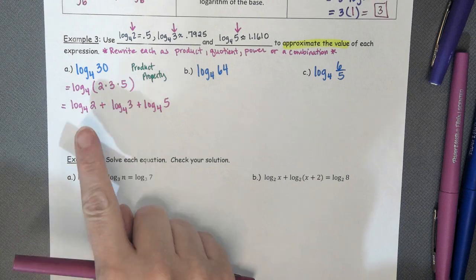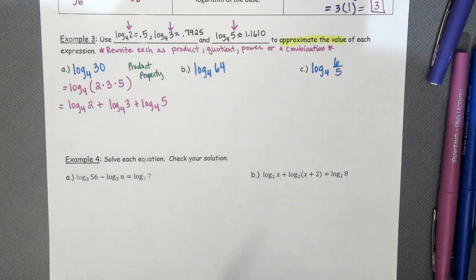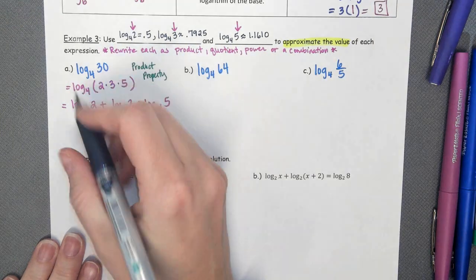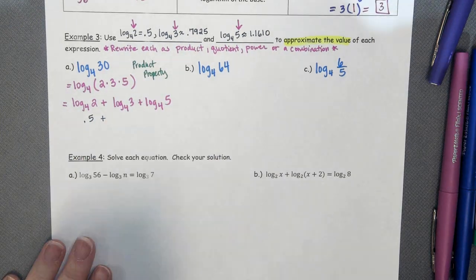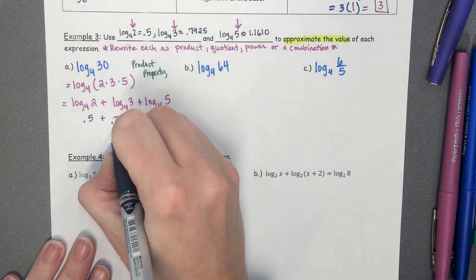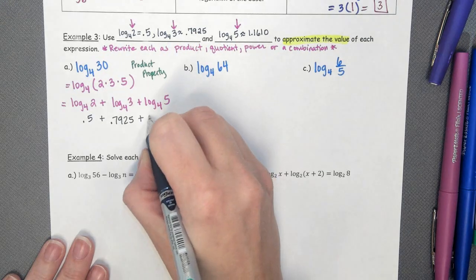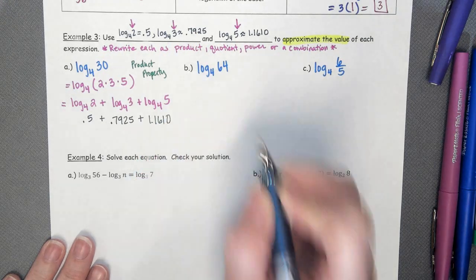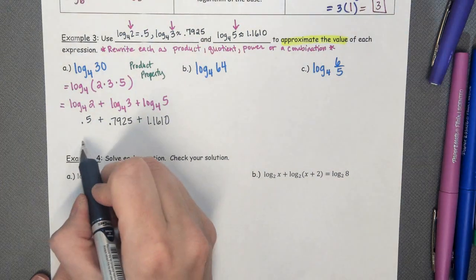Okay, so when you multiply, you can split them up with addition, and then they told you that this was 0.5, this was 0.7925, and this was 1.1610. Okay, you can use your calculator for that.